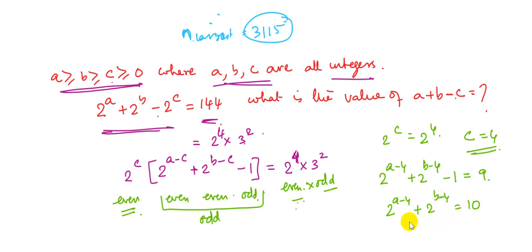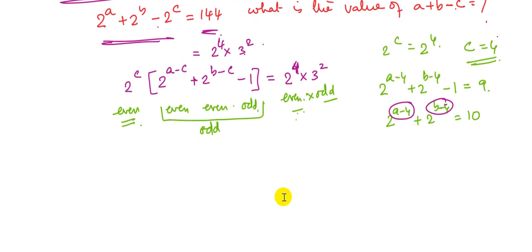So there are two powers of 2 which add up to 10. And you can see that both a and b are positive integers. Obviously they are greater than c. C is already 4, so both a and b have to be greater than 4. Now can you tell me what would be the values of a and b from here? There is one last step.